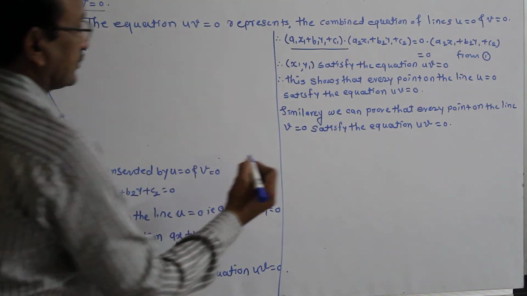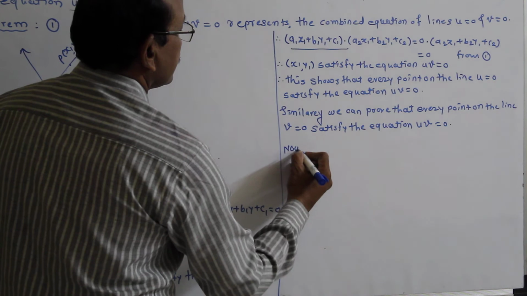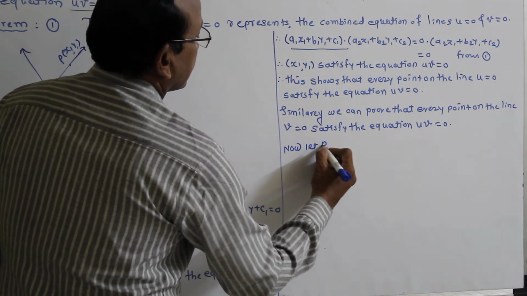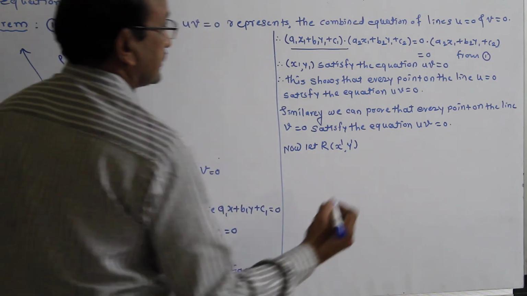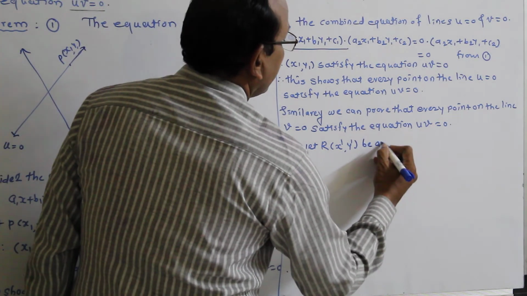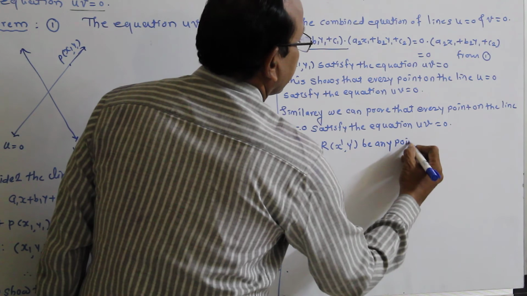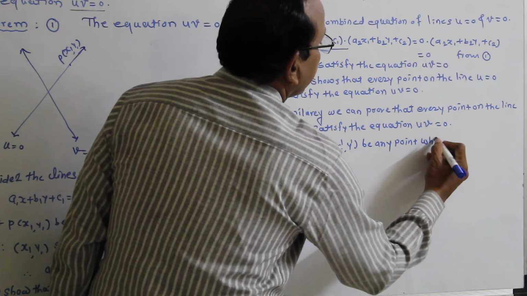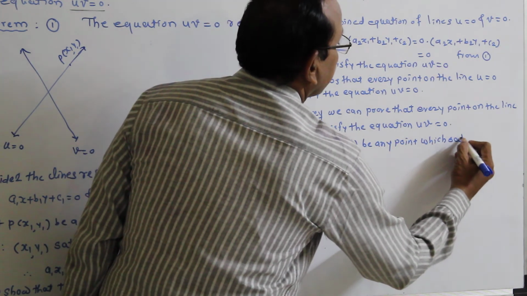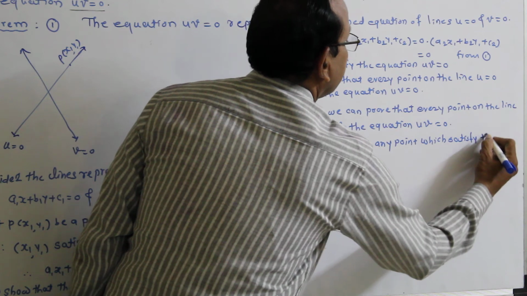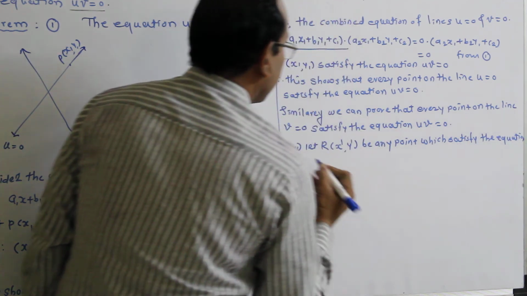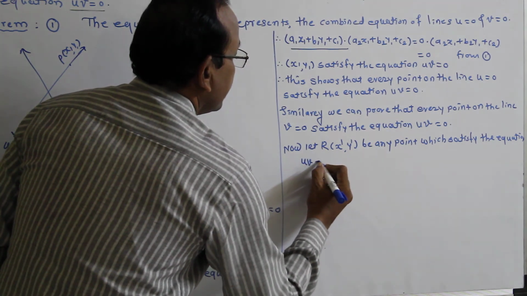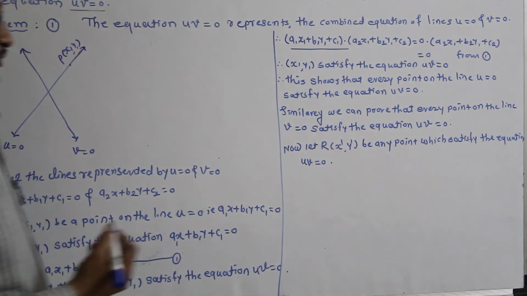Now let R(x', y') be any point which satisfies the equation uv equals 0.